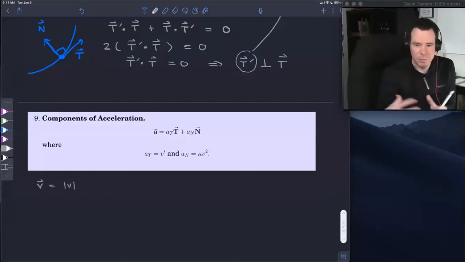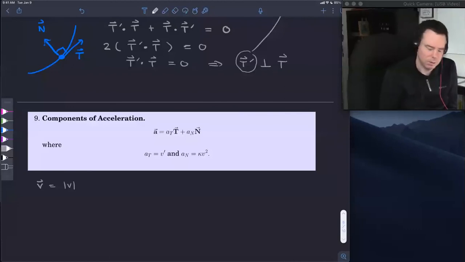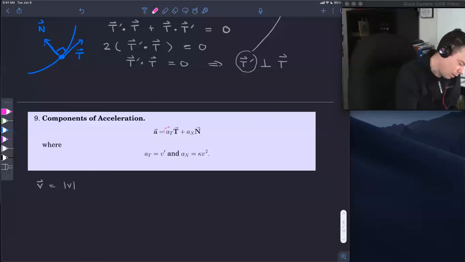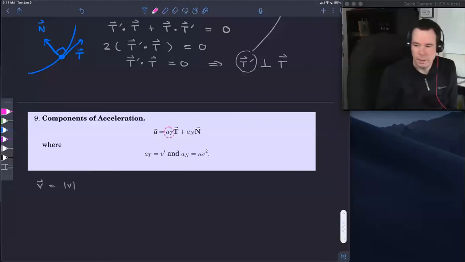So there's some weighting in front of the tangent vector and some weighting in front of the normal vector. The weighting in front of the tangent vector, this bit here, is what we call the tangential acceleration. And it turns out that it's just related to the derivative of speed. So it's how the speed is changing.